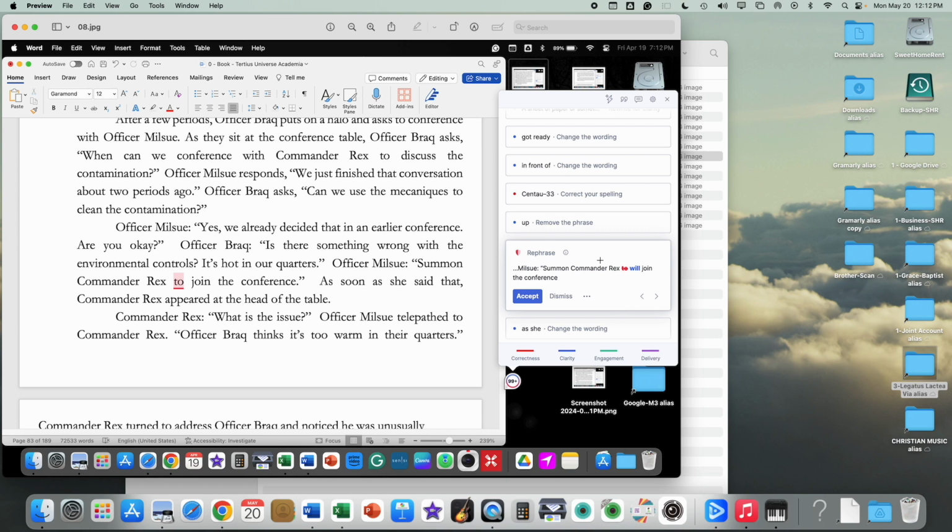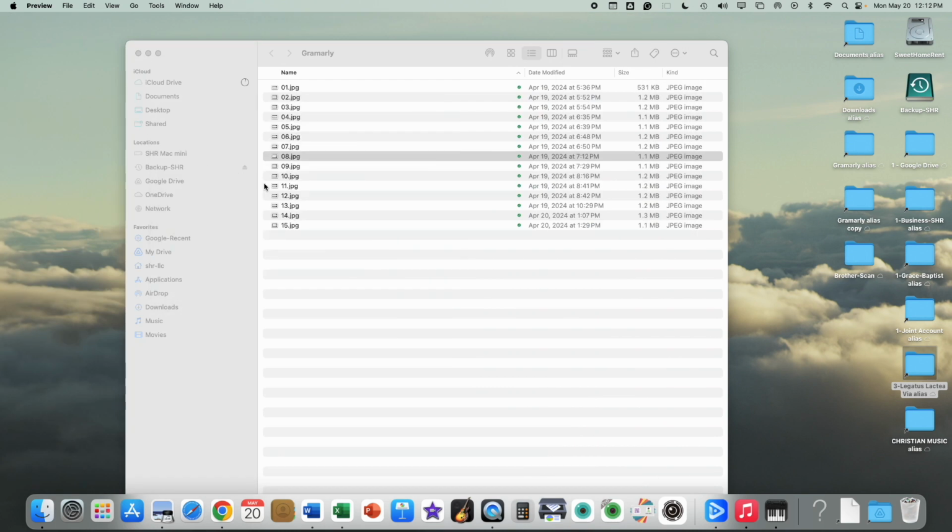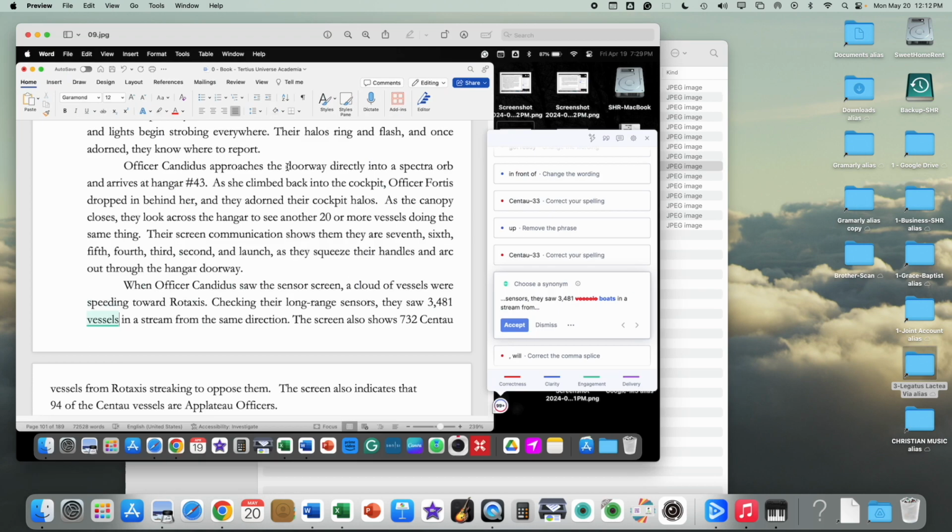And here it says, summon Commander Rex will join the conference. I don't know how you can summon him to will join, but those are the kind of frustrations here, and it has this as a red for correctness, that it's grammatically incorrect. There we go. I can get that out.